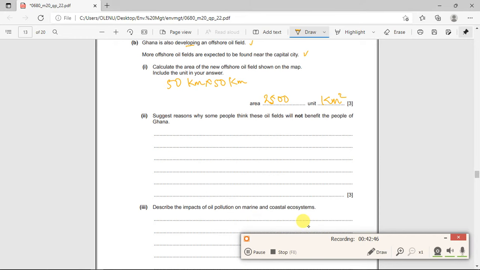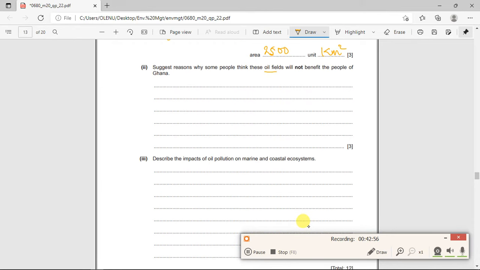Now, suggest reasons why some people think these oil fields will not benefit the people of Ghana. Why would they feel it doesn't benefit the people of Ghana? First, if the oil is exported to other countries.